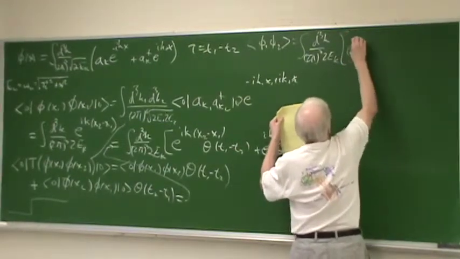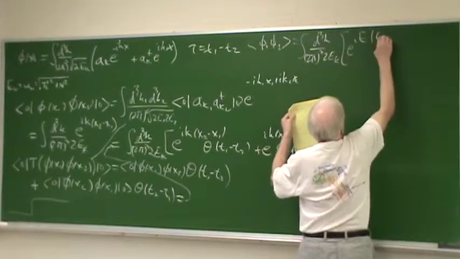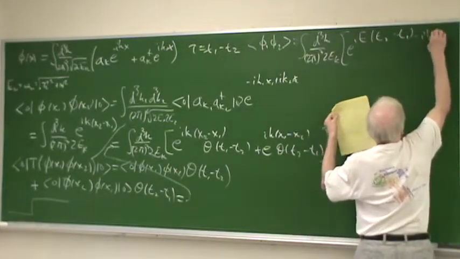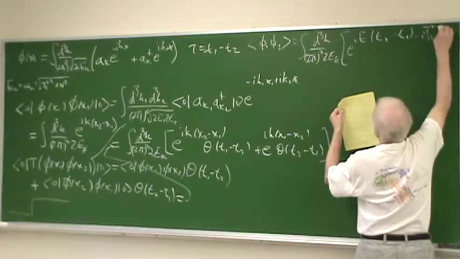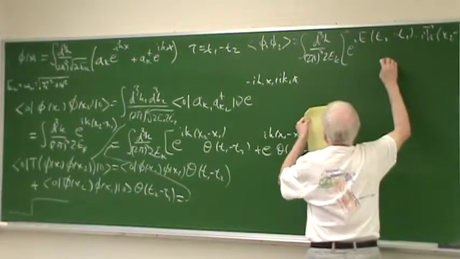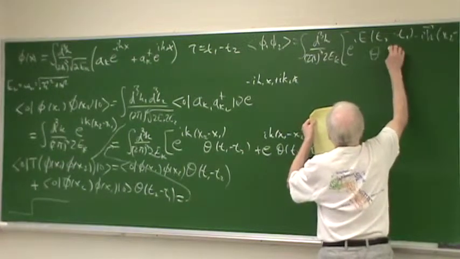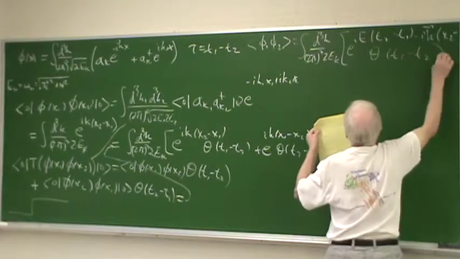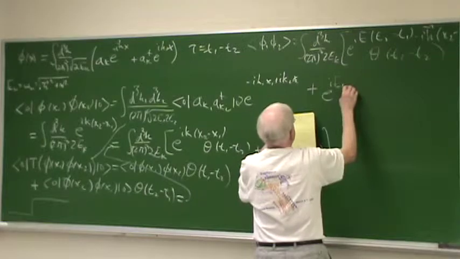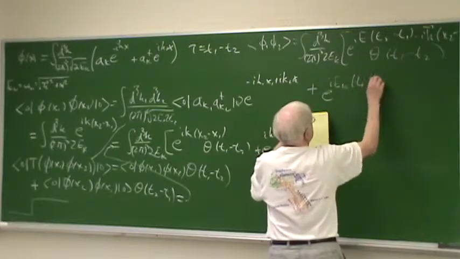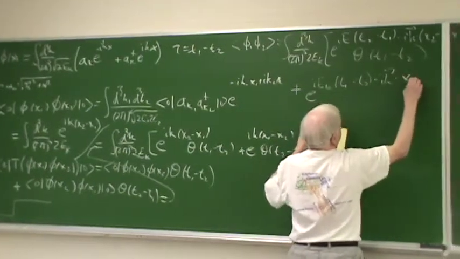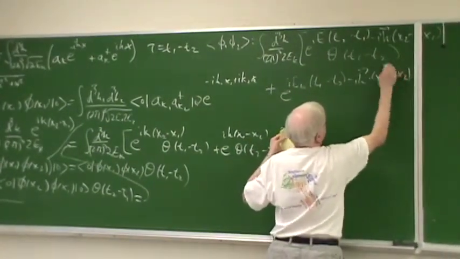And now what we've got is e to the i e (t2 minus t1) minus i k dot, now this is three-dimensional, (x2 minus x1), theta of (t1 minus t2), plus e to the i e_k (t1 minus t2) minus i k dot (x1 minus x2).